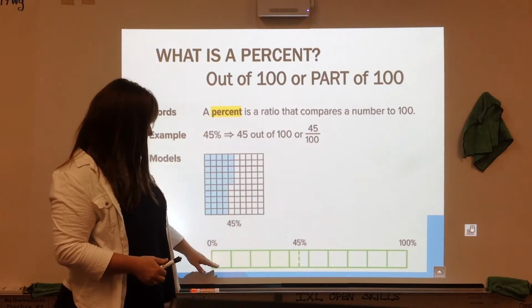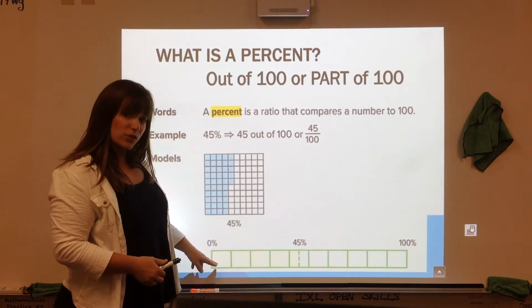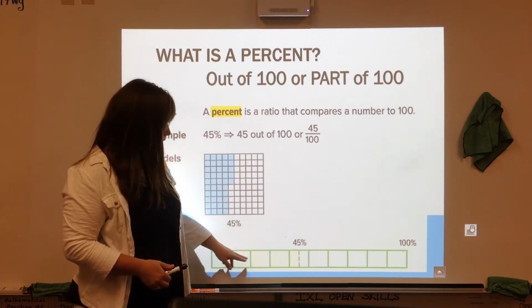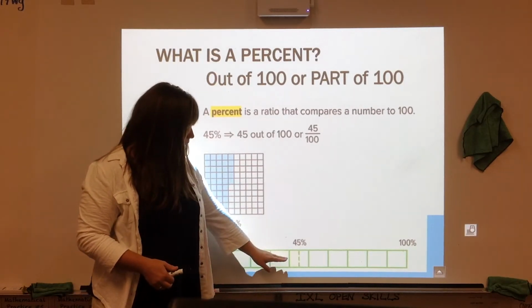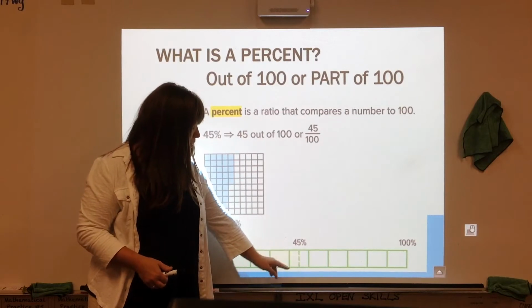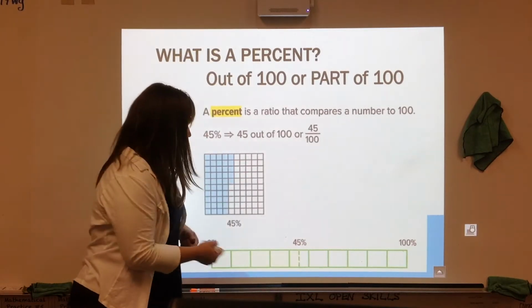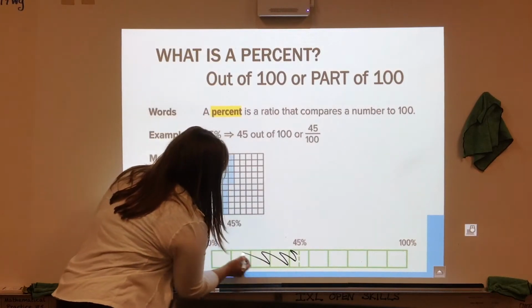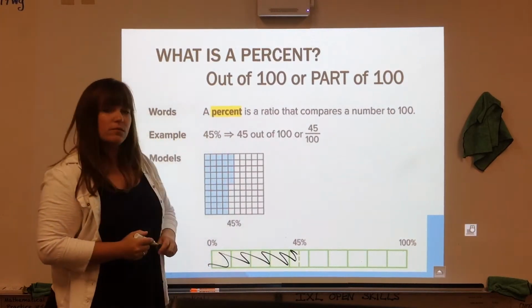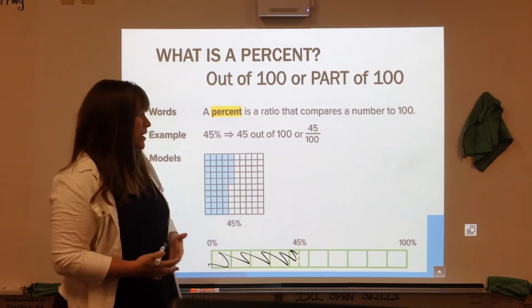So each small rectangle is 10, and you can see that 45 is halfway in between the fifth box. So this would be considered 45%. So that's the idea of what a percent is.